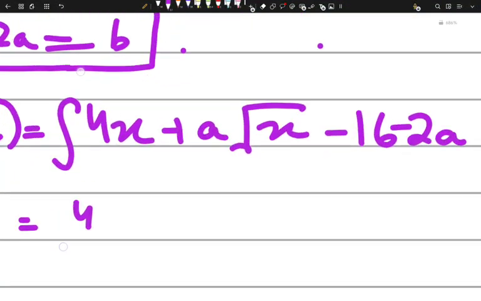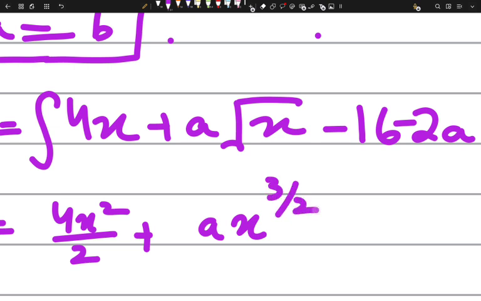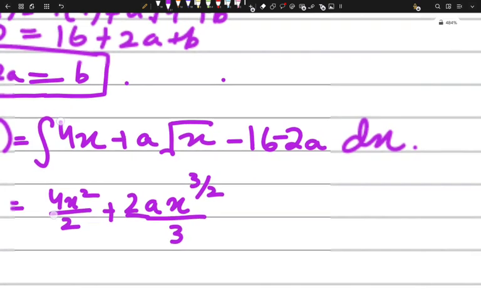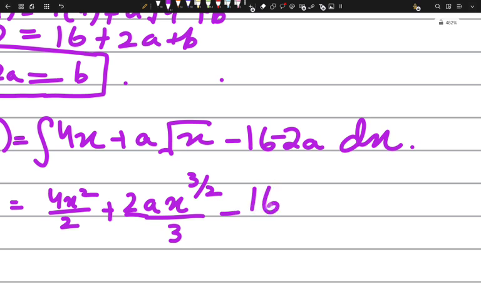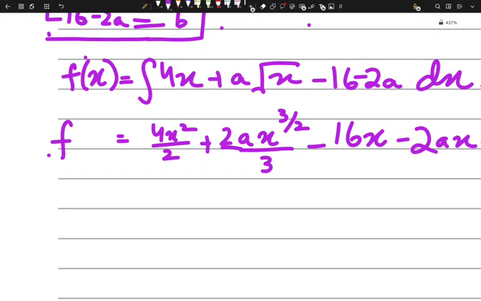It's going to become 4x squared over 2 plus, now this is a x to the power of half, right? When I add 1 to the half, it makes it 1.5, which is technically 3 over 2. Divide the whole thing by 3 over 2. Continuing forward, this is going to become -16x, -2ax, and then in the end you also add a c. This is an expression for f of x that you have obtained.